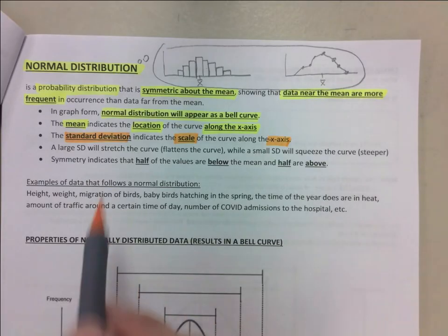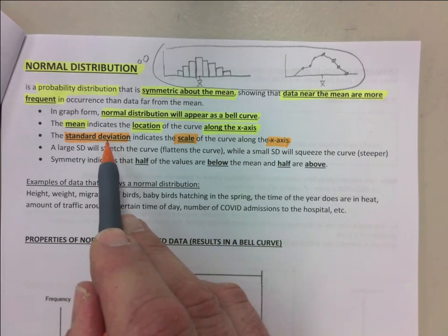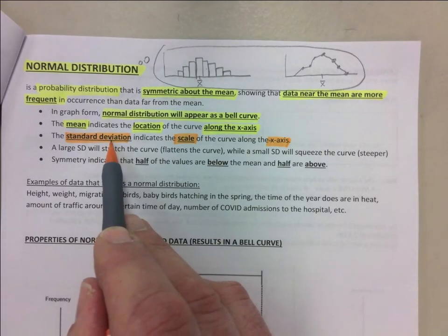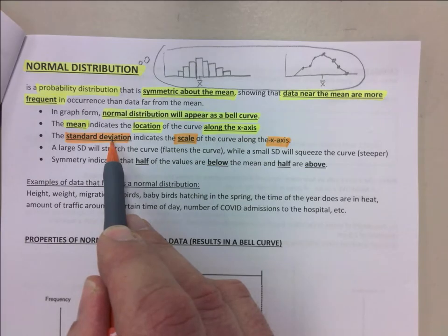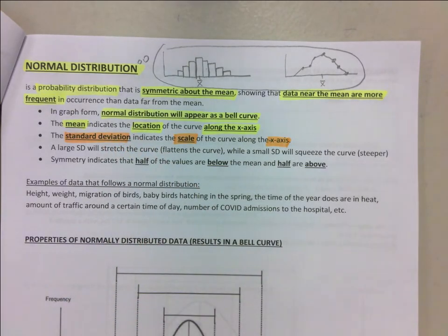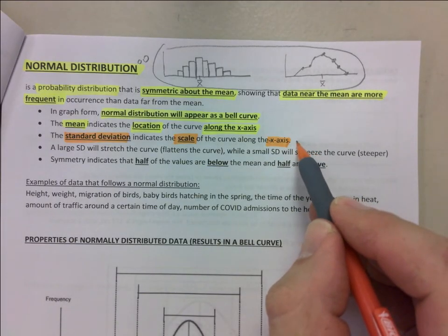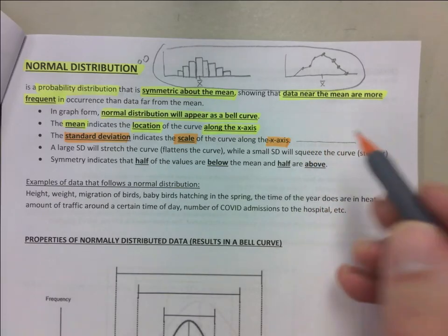Let's put this into perspective. Remember what I told you, when there's a large standard deviation, if we calculate it and the number is big, what happens to our curve? It's flatter, right? It stretches out. If it's small, then it's going to be steeper. Okay, so in a sense, it affects the x scale. So I'll just quickly do this.